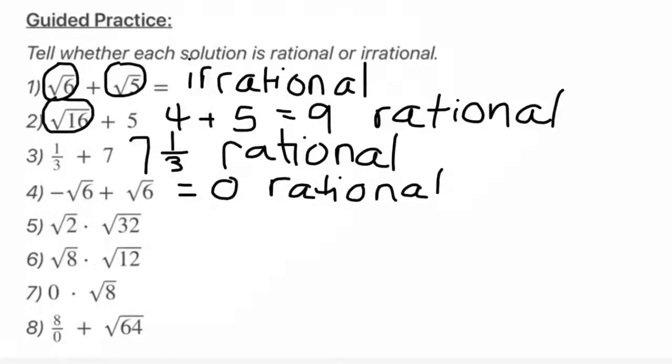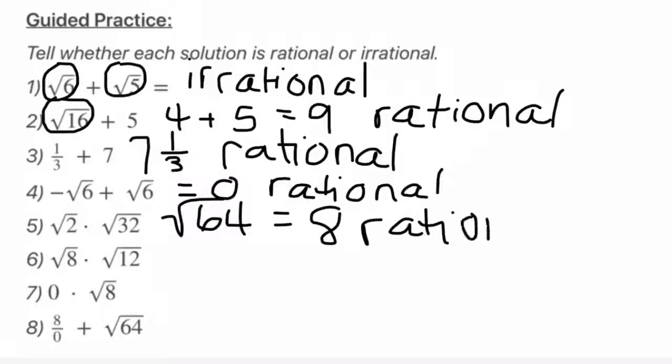And the square root of 32, which is also a non-perfect square root. But these are factors of 64. When you multiply 32 times 2, you get the square root of 64. And 64 is a perfect square. It is 8, which makes number 5 a rational solution.